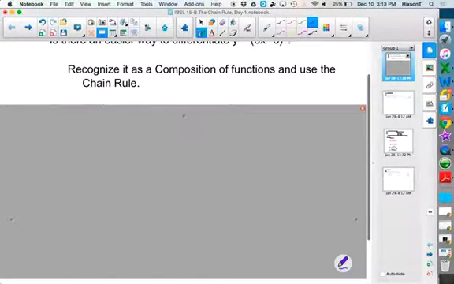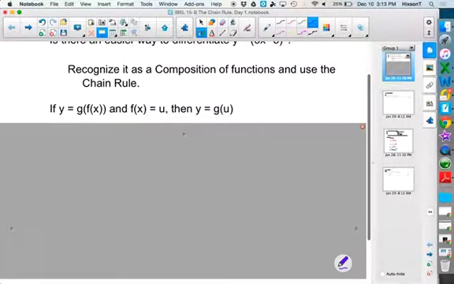But I want to look at a composite function g of f of x, where we rewrite the f of x as just this value u. So our function could be written as g of u. Okay?